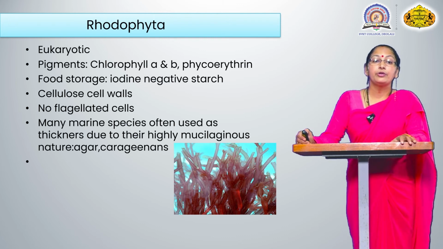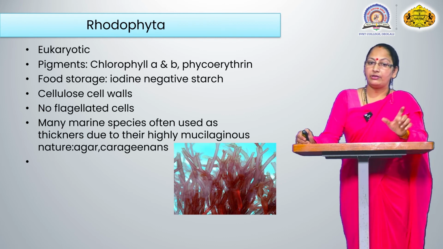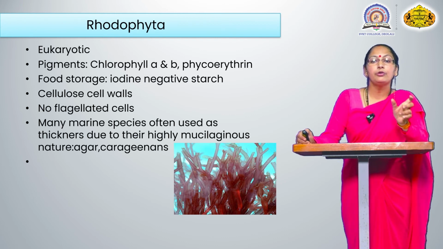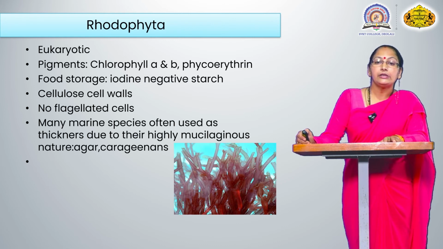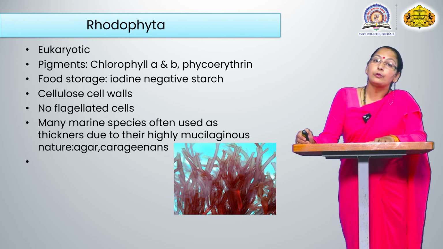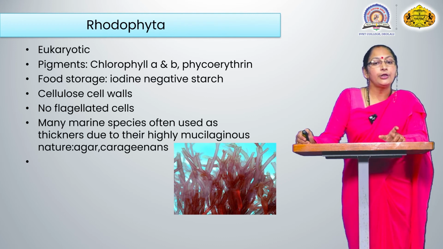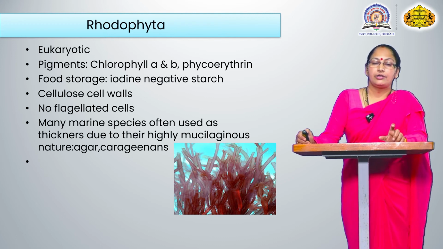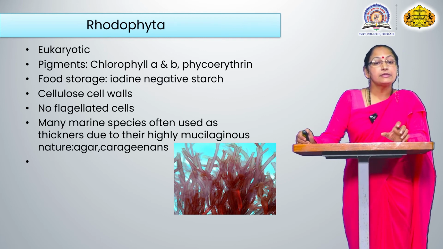It is a very important food storage material. These are the peculiar characteristics of the Rhodophyta. Okay, student, pigment is very important because one more different pigment, phycoerythrin, is present in Rhodophyta. That's why we call it Rhodophyta or red algae. Okay. Then the reserve food material is iodine negative starch. Okay. Then the cell wall.